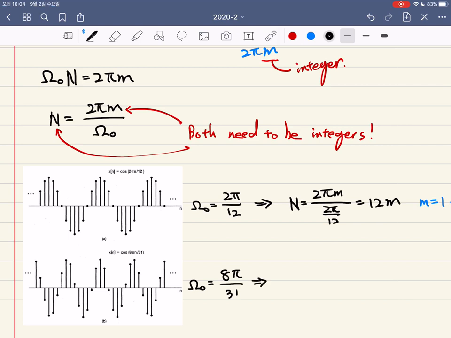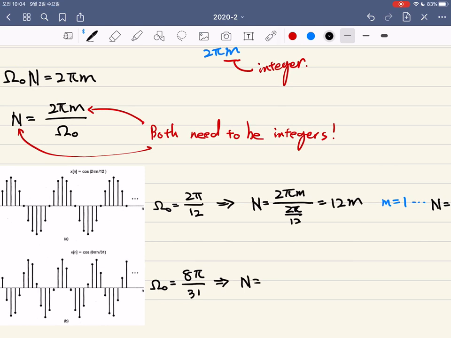Then if we obtain large N with the same relationship, it becomes m times 2 pi over 8 pi over 31 in the denominator. If you do the math, the pi gets cancelled, and you will get 31 over 4 times m.